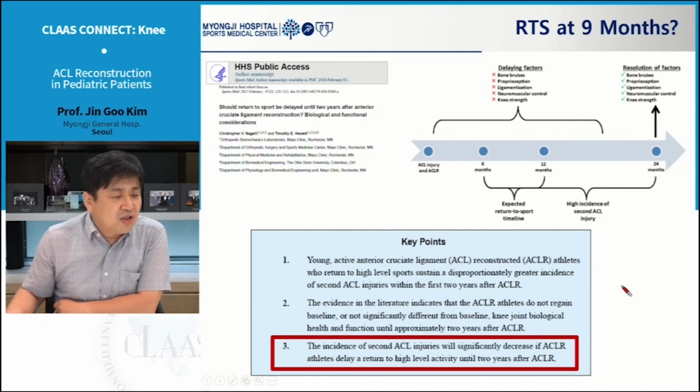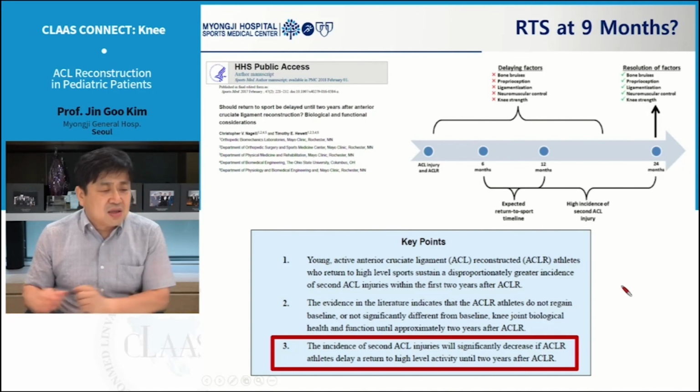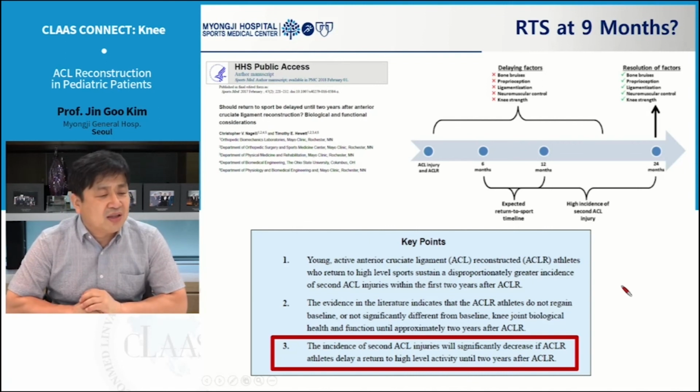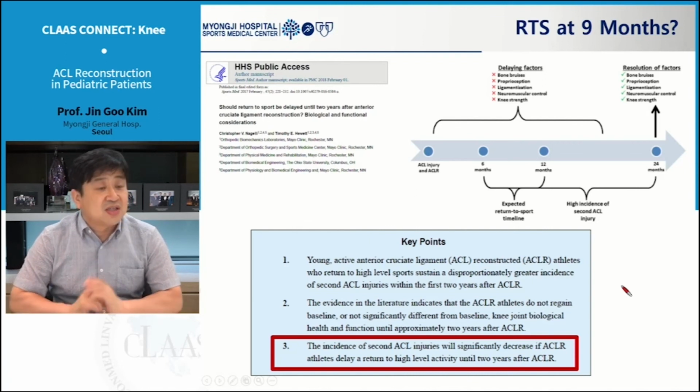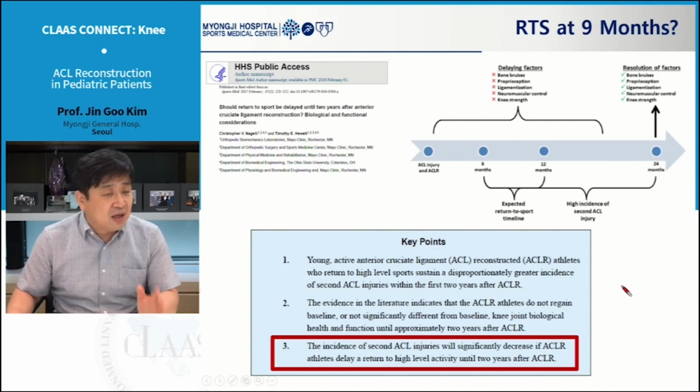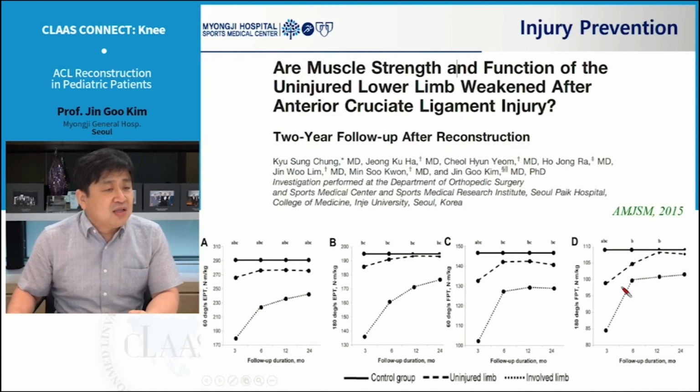So the return to play, especially for high-level activities, after 2 years is significantly safer than early return to sports. This is our research on muscle strength. This is the 2-year result.